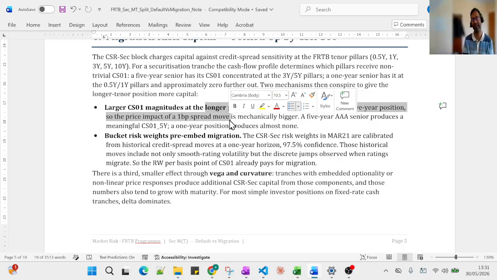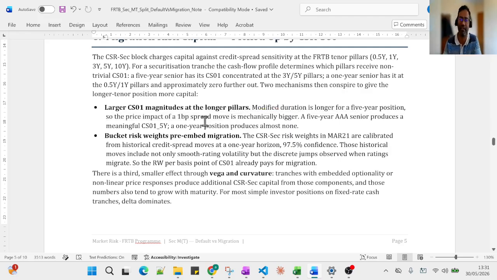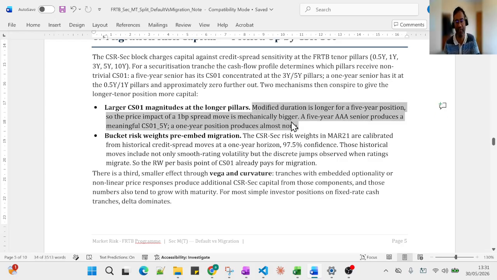So that methodology stays in your MAR 21 sensitivities based method. Definitely a higher duration, higher maturity tranche attracts higher capital. Okay, so that extra capital stays there, not in DRC, but in CSR, the sensitivities based method.